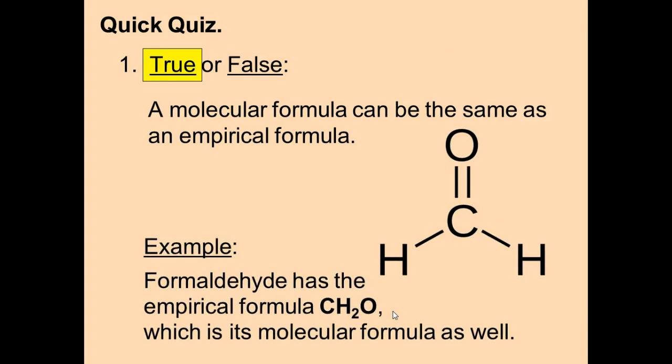Formaldehyde has the empirical formula CH2O, and it's the same as the molecular formula because the empirical formula times 1 is the molecular formula. Anything times 1 is the same thing.